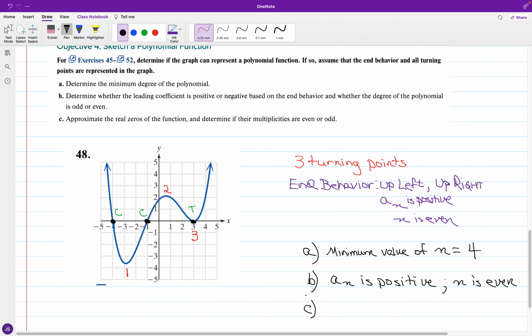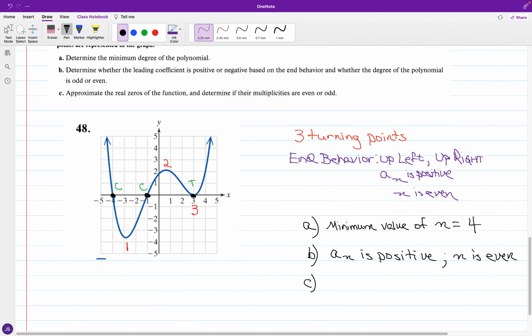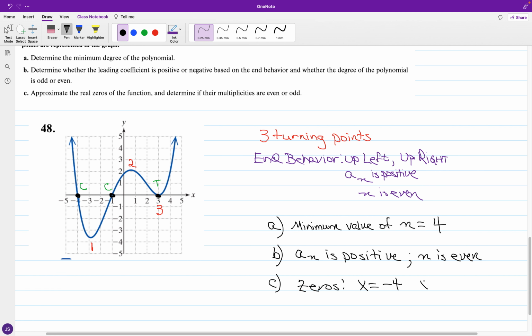And in the case of the zeros of the function, and whether the multiplicities are even or odd, we have x equal to -4, you also have x equal to -1, then we have x equal to 3.